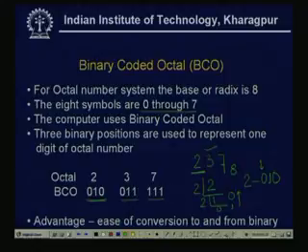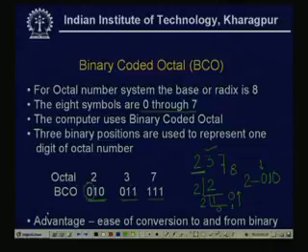Now, it is very advantageous if I want to convert that to simple binary. What we will be doing is suppressing the leading zeros. See, here only one leading zero is there, this one.